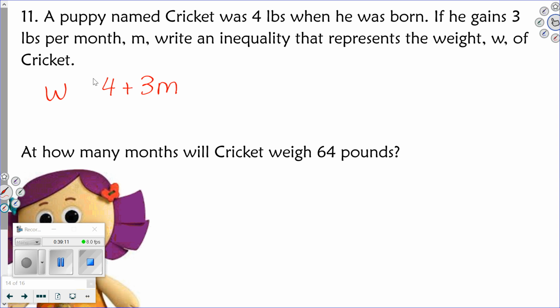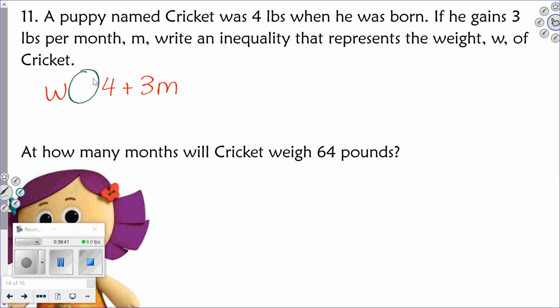Before I put it in here, let's read this and see what makes sense. How many months will Cricket weigh 64 pounds? So let's just leave this as my blank. I don't know which way it goes until we solve this and see what makes the most sense. That's honestly the way I do a lot of these. When it wants that, I'm like, I don't know, it could kind of go either way. I could argue both sides. So let's just leave it blank.